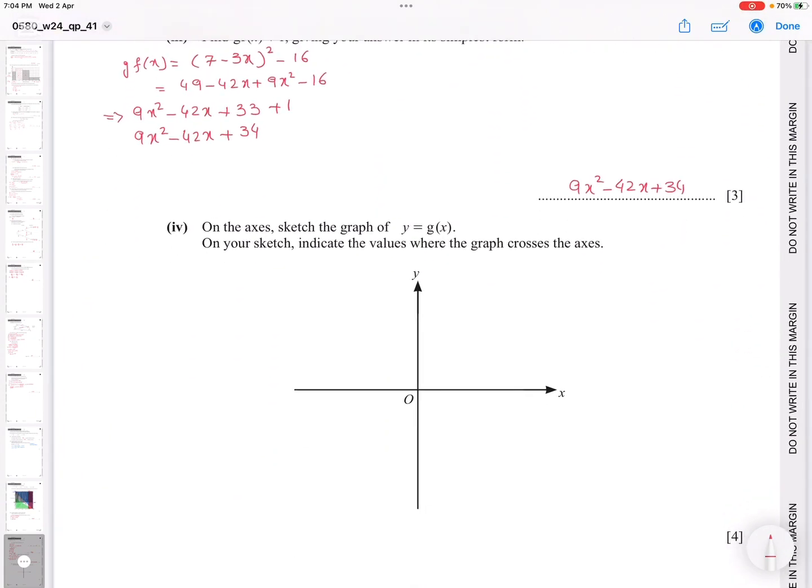On the axis, sketch the graph of y equals g of x. So actually, if it would be just y is equal to x squared, I would draw or sketch a graph like this. But here we have x squared minus 16. So it means, suppose this is somewhere here, if we say minus 16 is here, suppose.